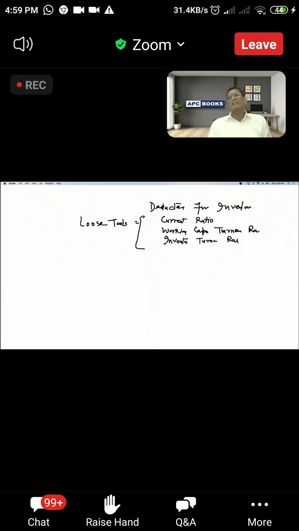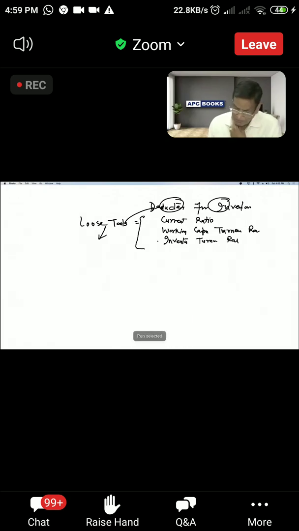For calculating current ratio, loose tools will be deducted from inventory. Loose tools will be deducted from inventory for calculating at least three ratios. Current ratio; working capital, where working capital is involved; inventory turnover ratio.